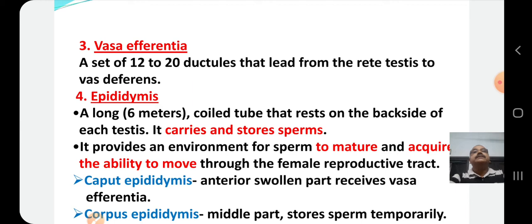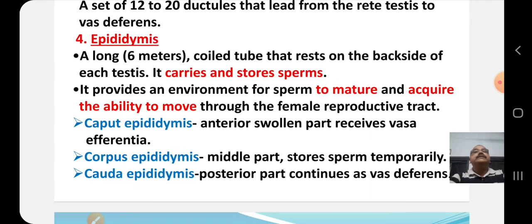The epididymis is a 6-meter long tubule. It is much coiled and rests on the backside of the testis. Its work is to carry the sperms and also to store the sperms.